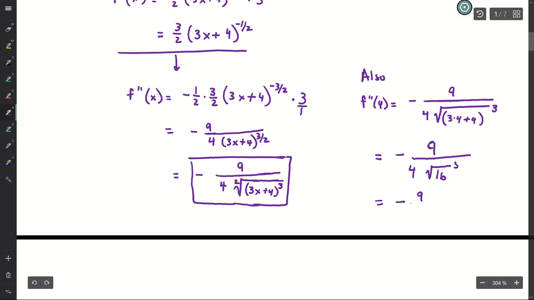So -9 over 4 times the square root of 16, which is 4, and then that's going to be cubed. Ultimately in the bottom, we see that we're actually going to have 4 to the 4th because we have 4 multiplied by 4 cubed. I just type that in the calculator. If you raise 4 to the 4th, you're going to get 256. So the value there of the second derivative at 4 is -9 over 256.